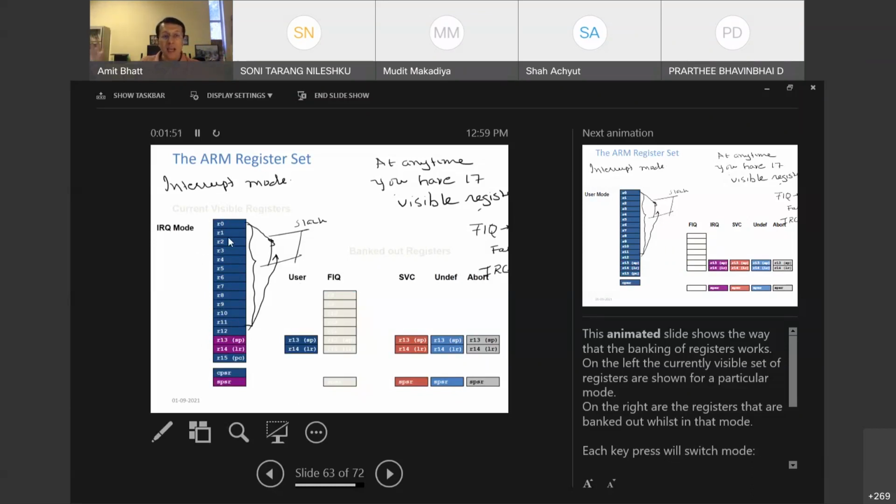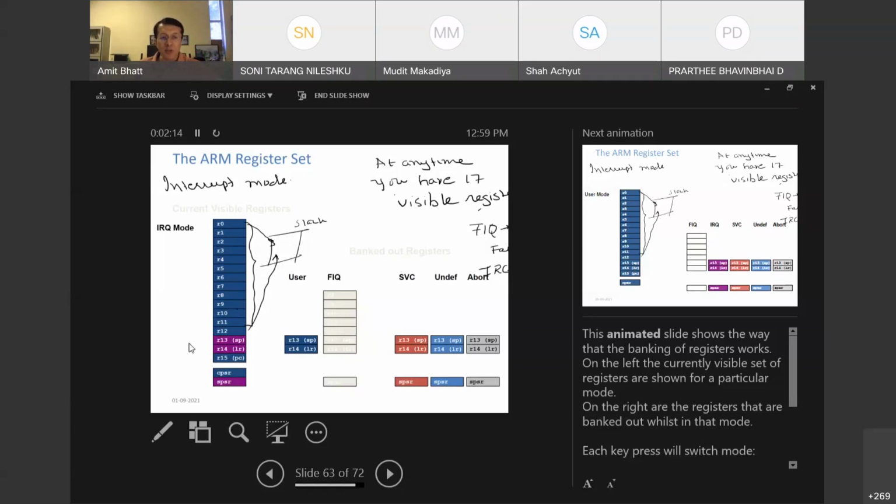So it would say, okay, I'm going to override this, but thankfully your hardware was smart enough to save R0 to R12 beforehand. So when the interrupt handler comes, the values which were there before in R0 to R12 are going to be wiped out. And that is the reason why you should save the user content into this stack.